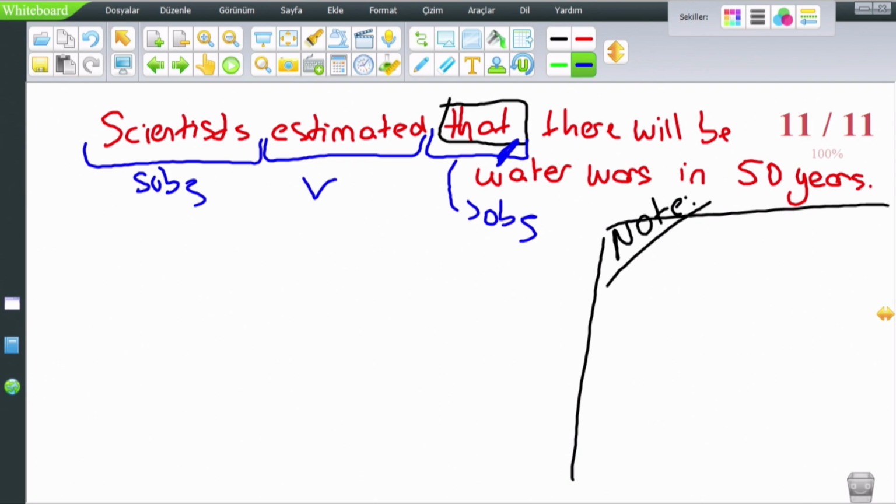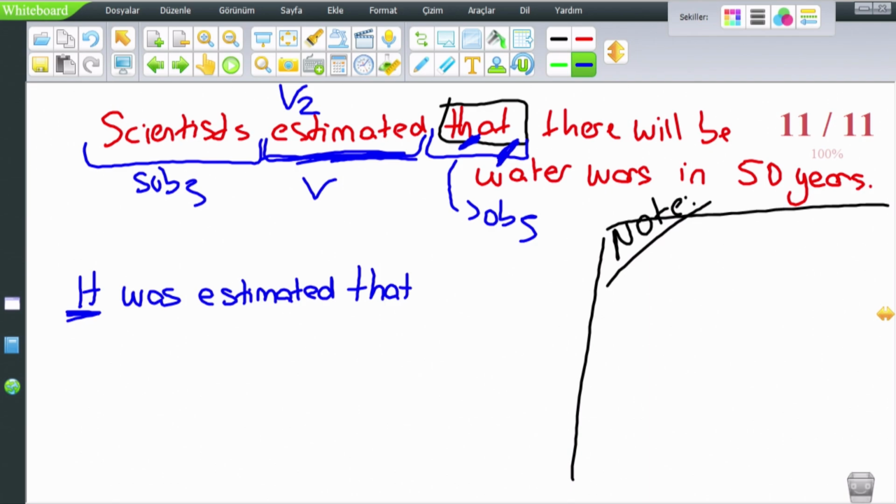But rather than doing that into the subject, I take that and put it as it, as my new subject. Then I continue. This is our verb. It is in verb 2 form. So I will say, it was estimated that. Now I will explain the actual object of the sentence.